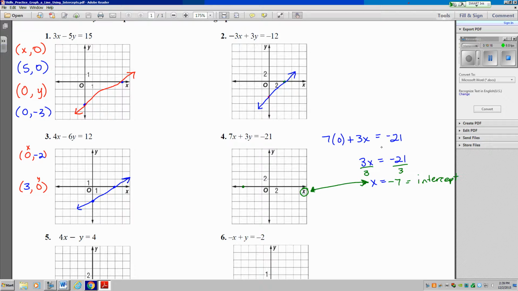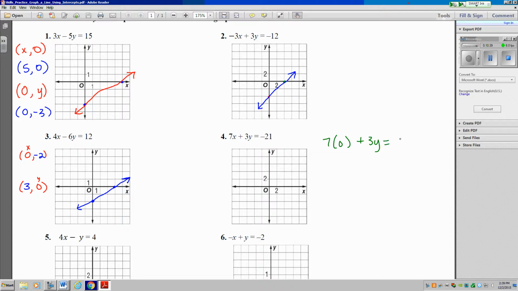Okay, so now let's do it again, and this time let's put a 0 in for y. I put my 0 in for x. Sorry, I put my 0 in for y. No, I put my 0 in. Oh, I just did a boo-boo. Let's redo that. I put my 0 in right here, and I wrote x.